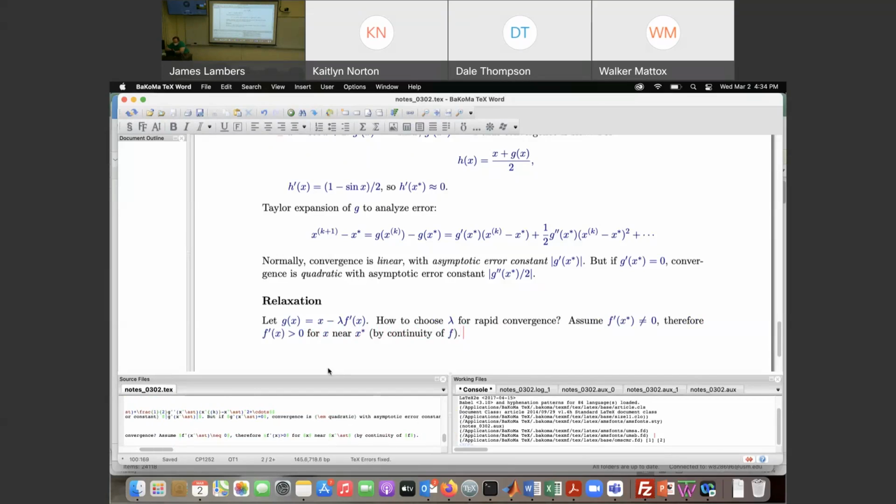And if we assume that f prime is continuous, then on some interval surrounding x star, f prime has a minimum and maximum.